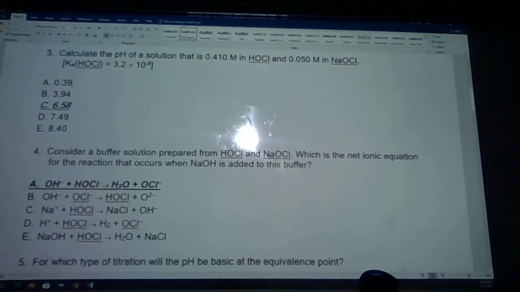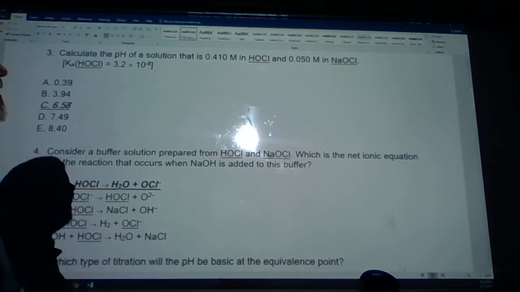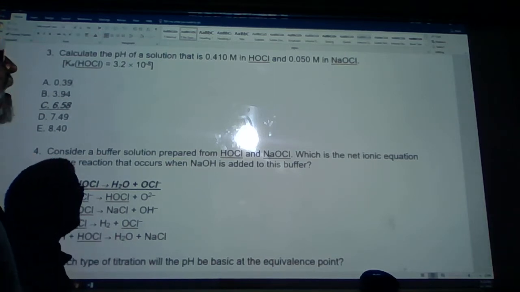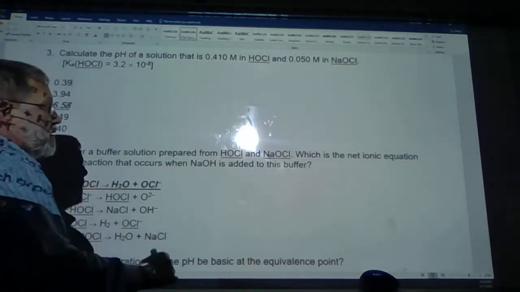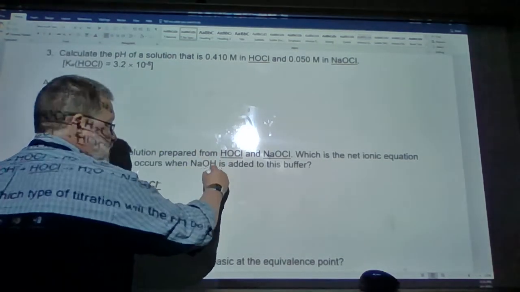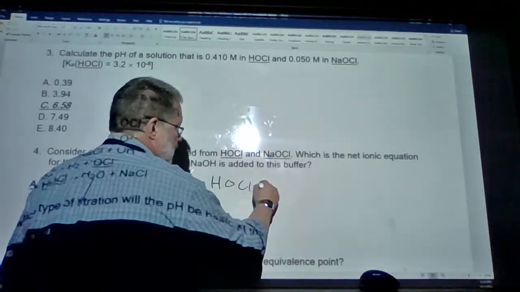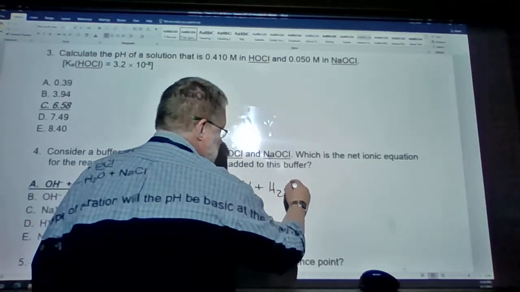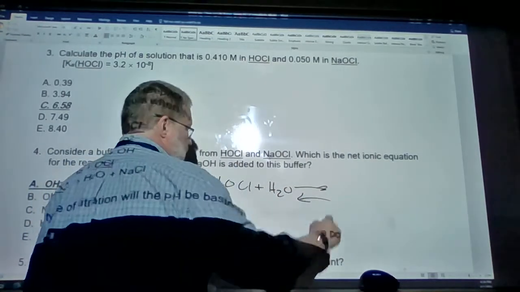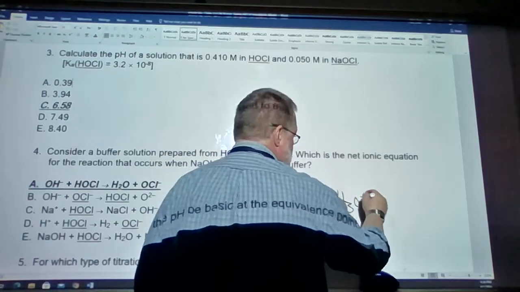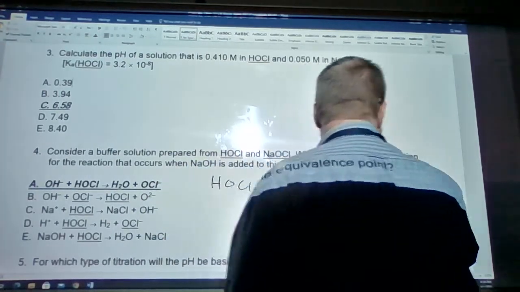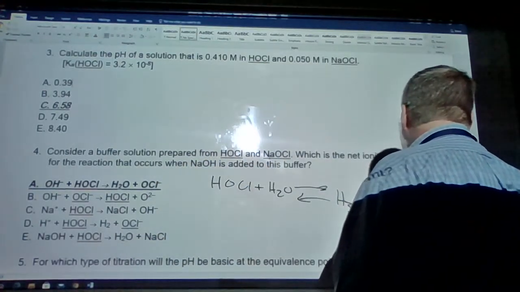Find the pH of the solution that is 0.4 molar in HOCl and 0.05 molar in sodium hypochlorite. HOCl plus H2O gives you H3O plus and OCl minus.